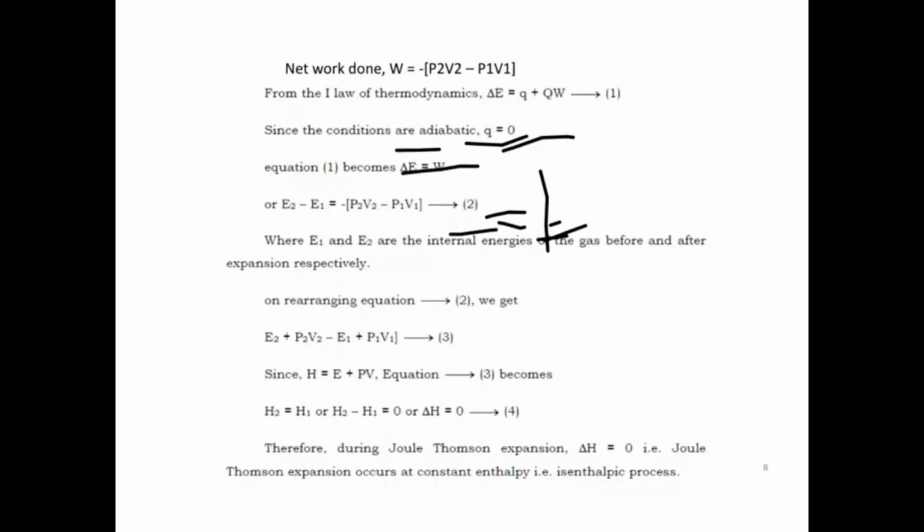And delta E, if you insert this Q equal to 0 in equation 1, what will happen? Delta E is equal to W. Note it down, in this line there is no Q. In equation 1, delta E is equal to Q plus W.